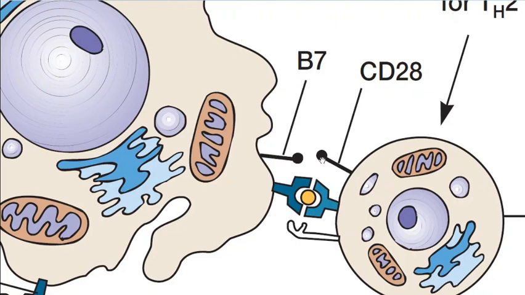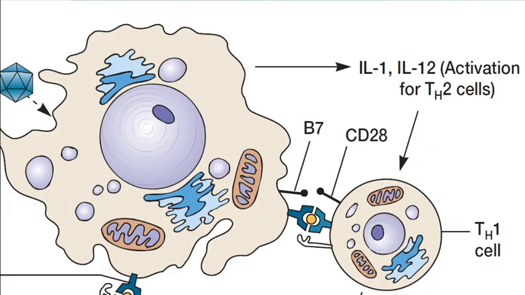These two receptors are again connected side by side to each other. So when the connection between MHC class 2 and T cell receptor and the connection between B7 and CD28 both occur, then both signals are received by the Th1 cell, and the Th1 cell is activated.